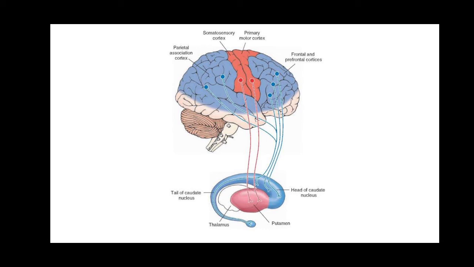All these different parts of the brain are connected with this particular region, and it helps in the entire process of movement, how we move and coordinate the different parts of the body. Everything is being maintained there.